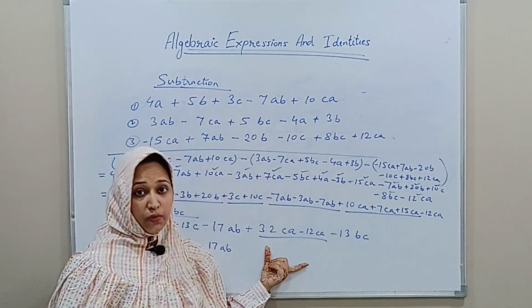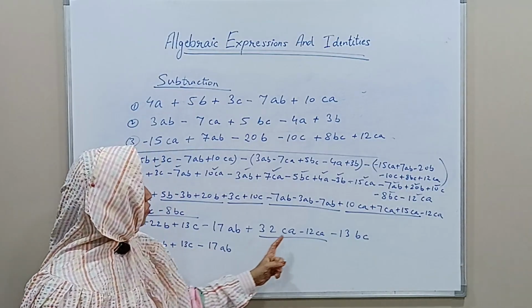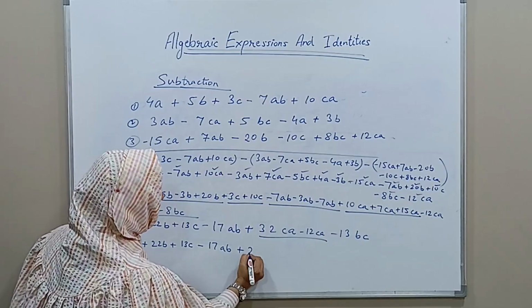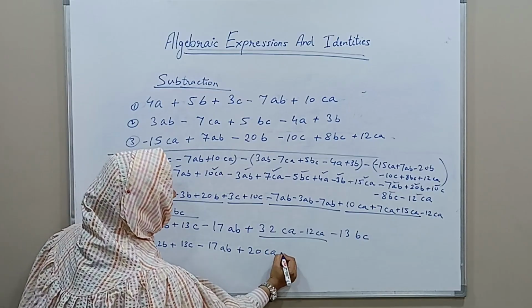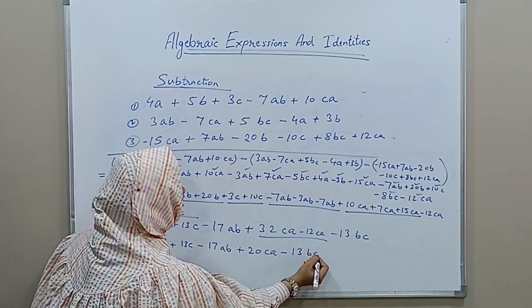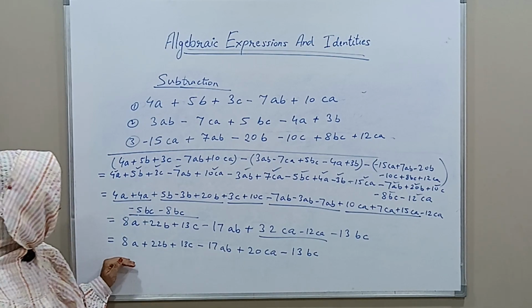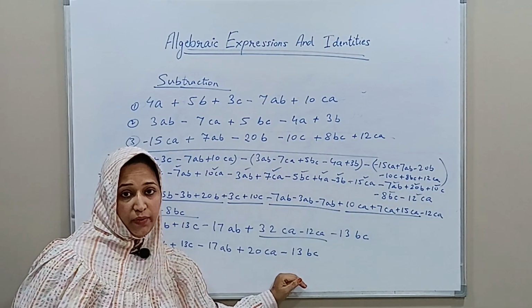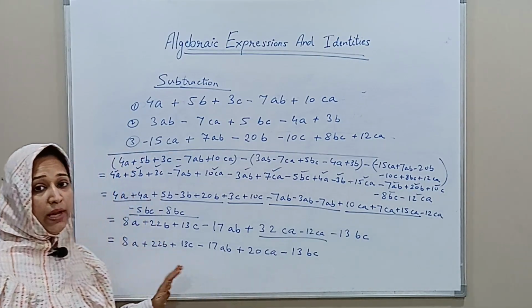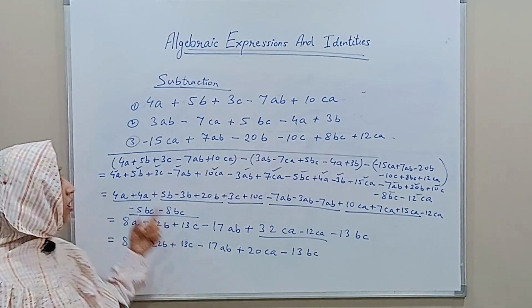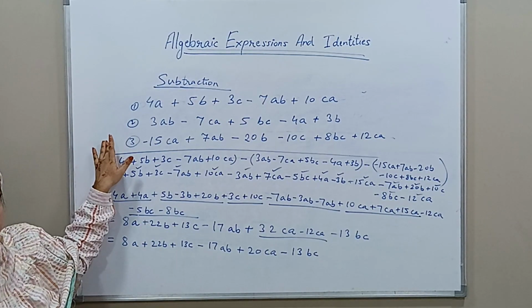Signs are different. You will subtract. So 32 minus 12 is 20 and sign of greater number is plus. So plus 20ca minus 13bc. This is your final answer. In the answer we have all the terms with different variables. Now there are no terms having the same variable. So this is the final answer after subtracting the given three expressions.